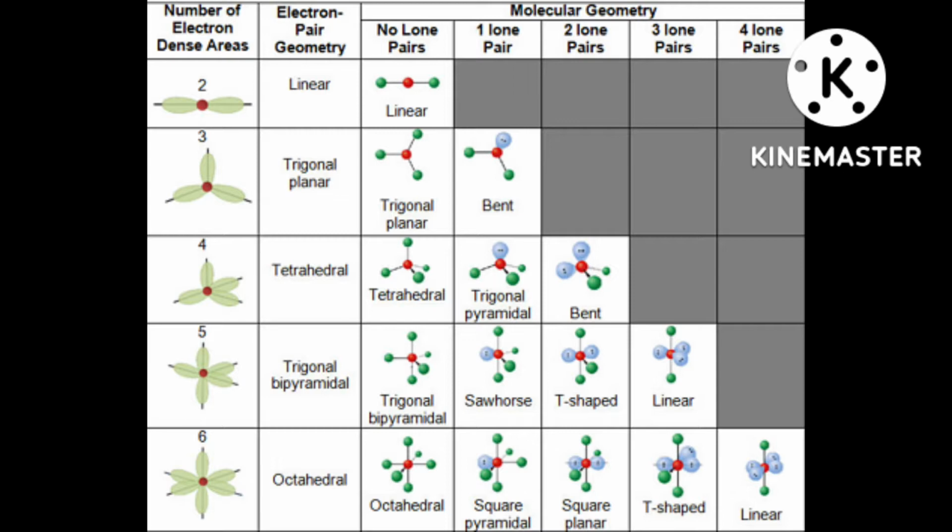Last class I discussed polarity of bonds. Now I am going to discuss the valence shell electron pair repulsion theory, in short called VSEPR theory. Again I am telling the topic: the valence shell electron pair repulsion theory.